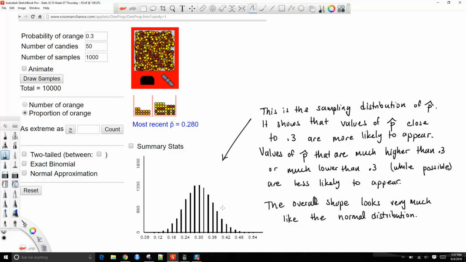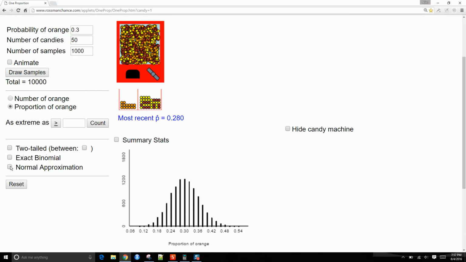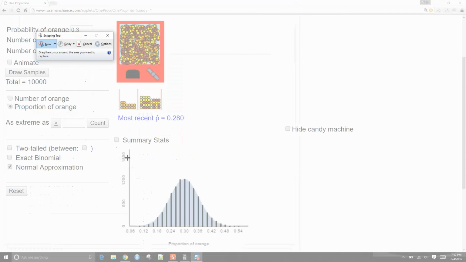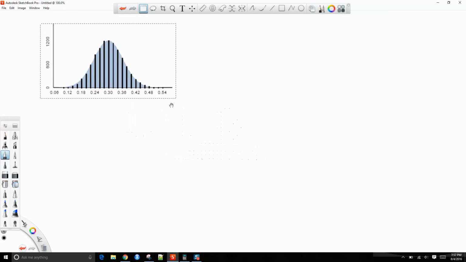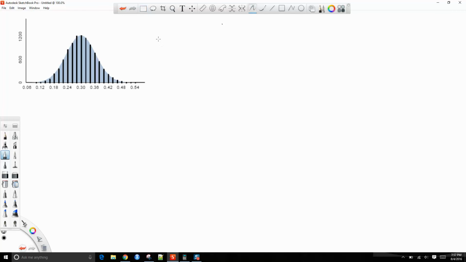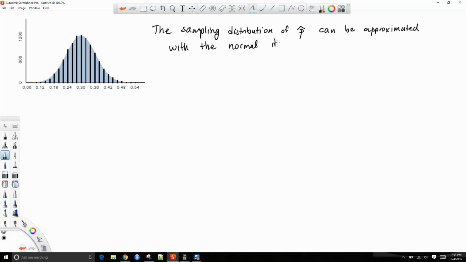So I'm going to copy this part. All right, so we'll say the sampling distribution of p hat can be approximated with the normal distribution.